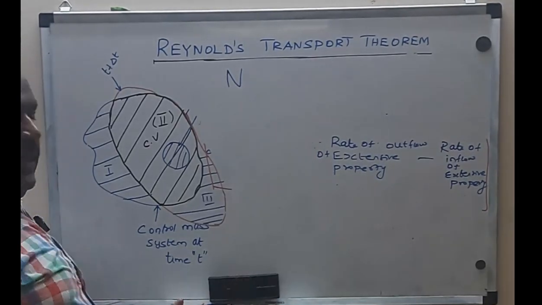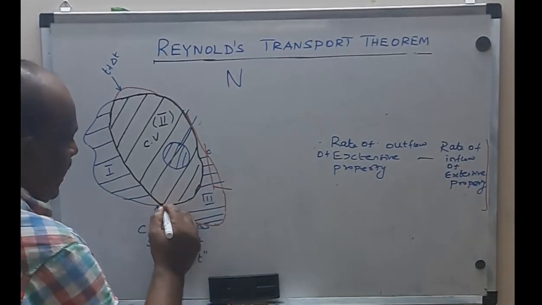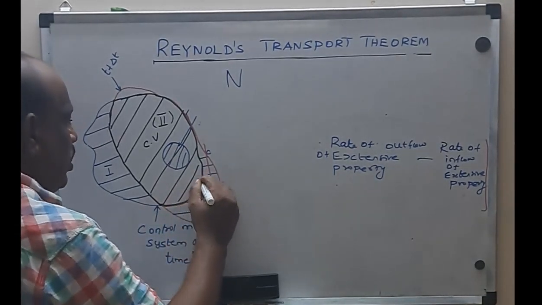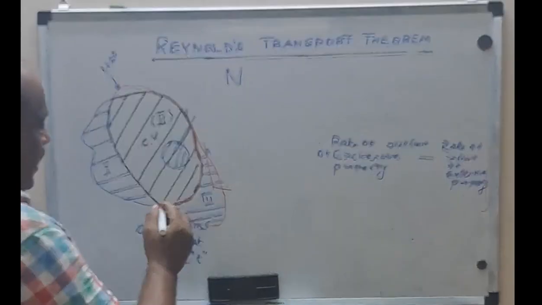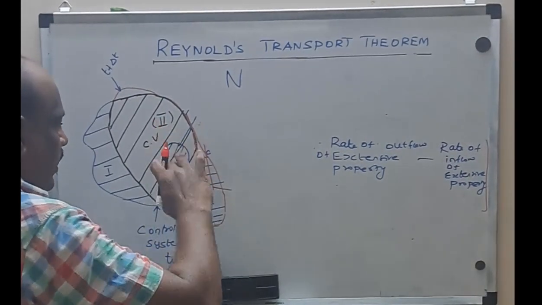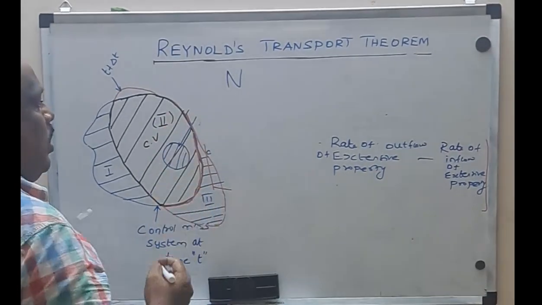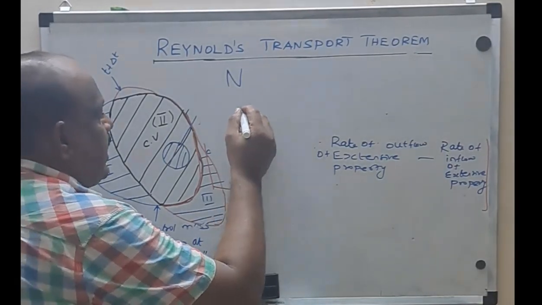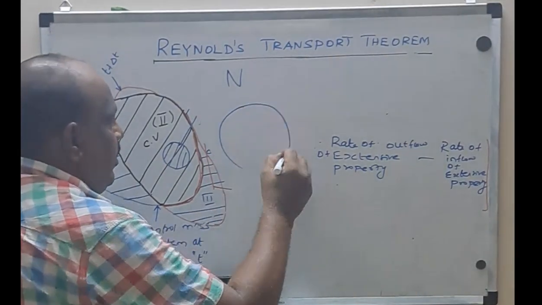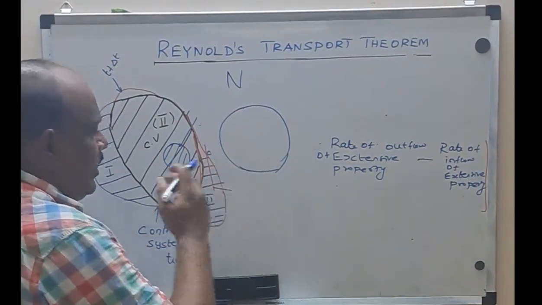So now you can see, all of you can see, these properties are going out through this control surface. Whatever I have shown here in the red color mark is going to come out of this control volume through this red color mark. For your understanding, I am going to draw a circular one. In the circular one, this is the domain where it's going to come out.